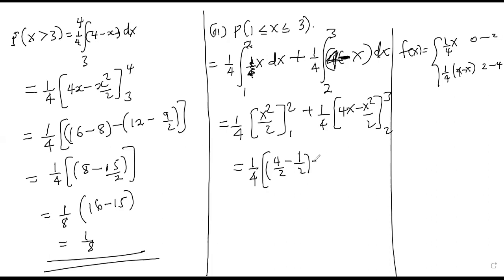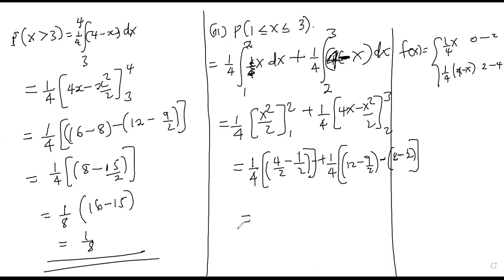Then my minus, that is 1. Then plus a quarter, we substitute for 3, so it will be 12 minus 9 over 2. Then minus, substitute at 2, you have 8 minus 4 over 2, which is 2.